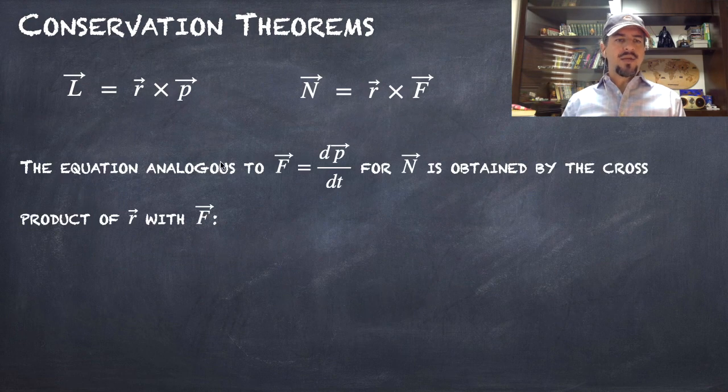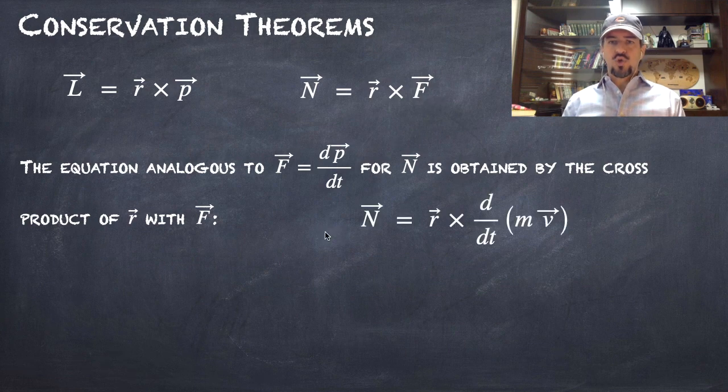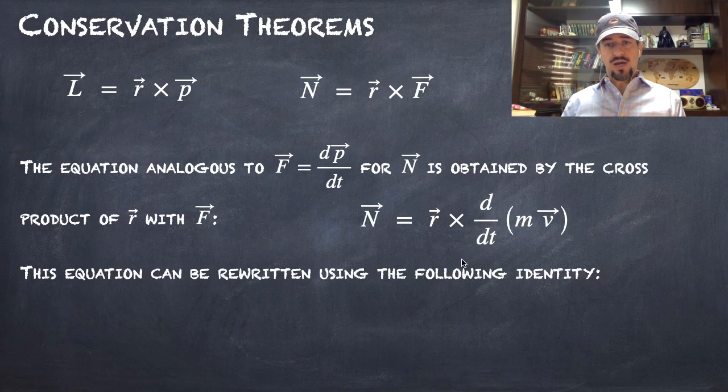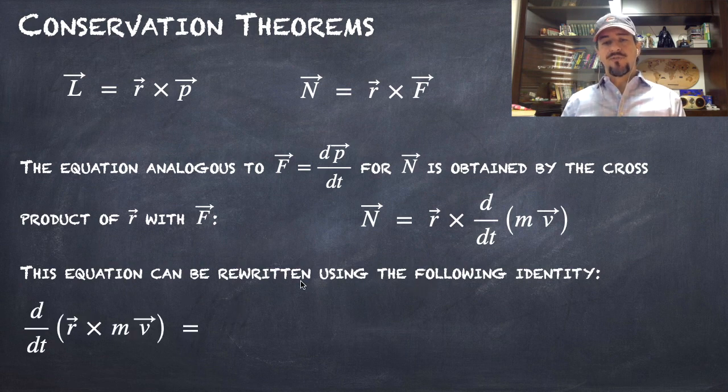And we need an equation analogous to this one here for the torque, and we can obtain it using this expression, and I will use this equation in here. So doing this cross product, we have that the force is the derivative of the momentum with respect to time, and we will use the following vector identity.